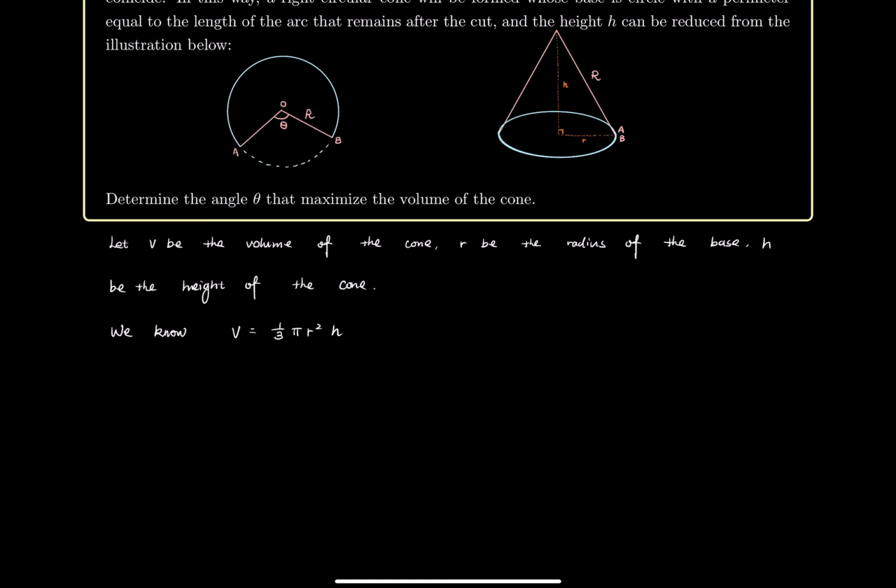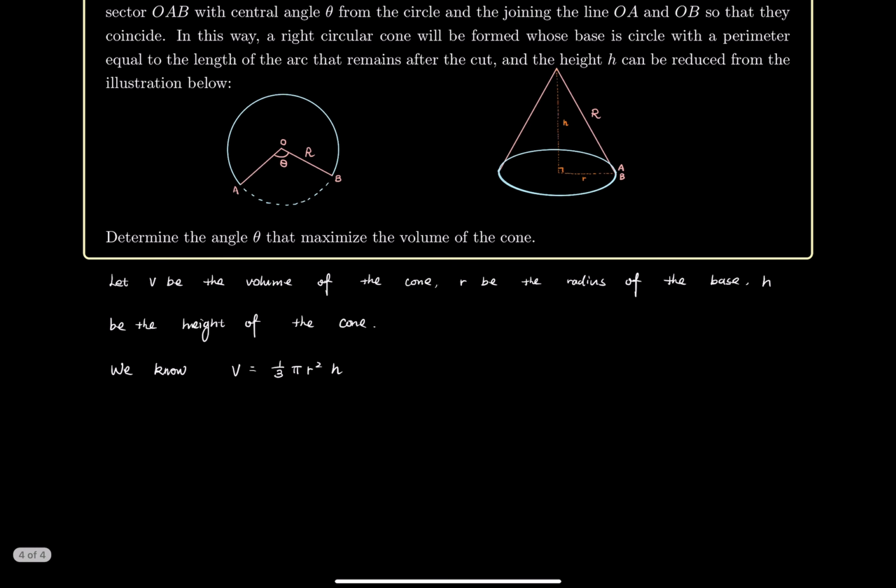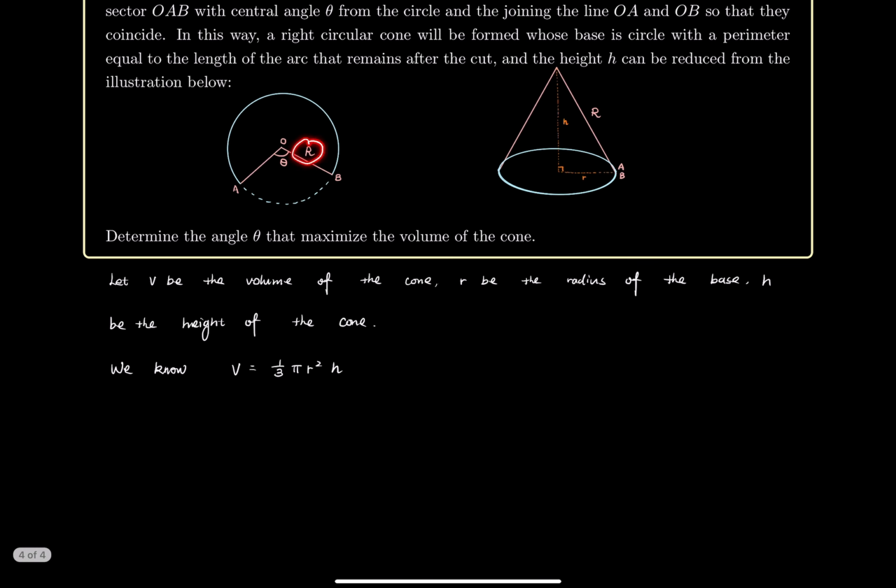Bear in mind that the only thing that's constant here is capital R. So let me write it here. R is constant, this is fixed. But everything else, for example this r and this h, would change depending on how much you're cutting out. So if this theta is smaller, you might get a different value. R is the only constant we have.